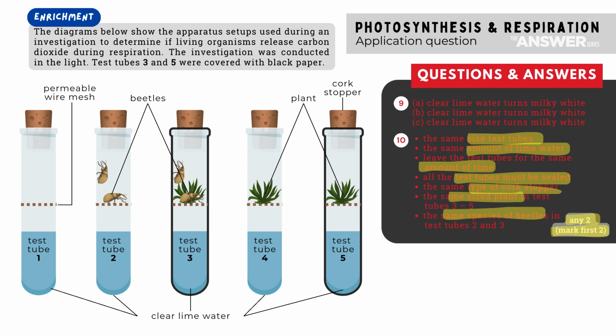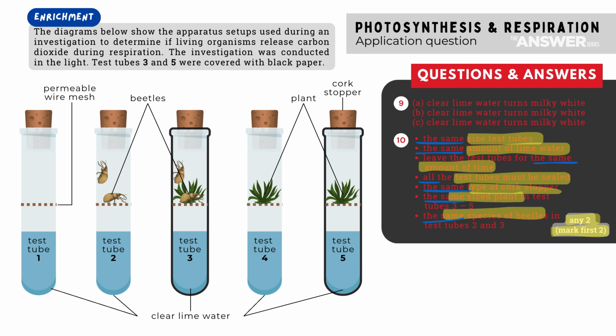Now, importantly, when it comes to constant variables, you have to make sure that your answer is written as a phrase which in some or other way conveys the idea that something is being kept the same. So you can't just list the test tube, the lime water as your 2 answers. You would receive no marks because you're not saying what about the test tube or the lime water needs to be the same.